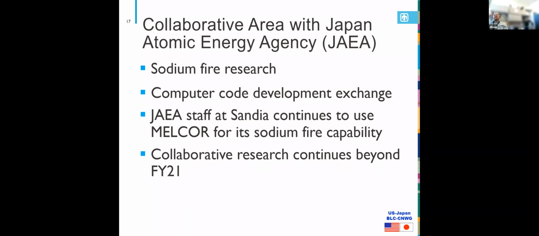And in 2 years, JAEA sent a staff member to Sandia, stationed here for a year, to use MELCOR and interface with the MELCOR development teams on sodium fire research. We hope they continue the research collaboration beyond 2021.